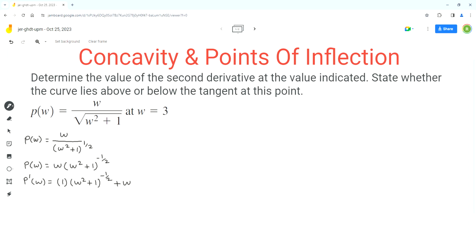Now for the second term, we'll have to use the chain rule because it has an inner function w squared plus 1 and the outer function is the exponential function with exponent negative half.